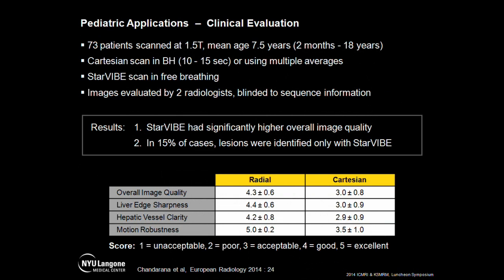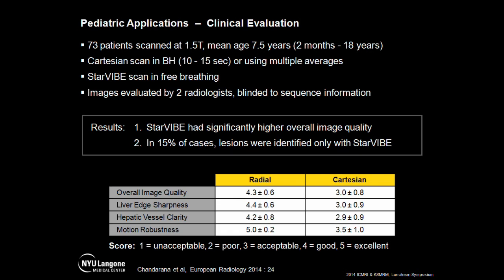And also for this application, we performed a clinical study to evaluate the improvement in image quality and also the improvement in diagnostic accuracy. And in this study, we looked at 73 patients who were scanned with both a Cartesian sequence and also with this radial StarVIBE sequence. And again, the images were evaluated by radiologists blinded to the sequence information.